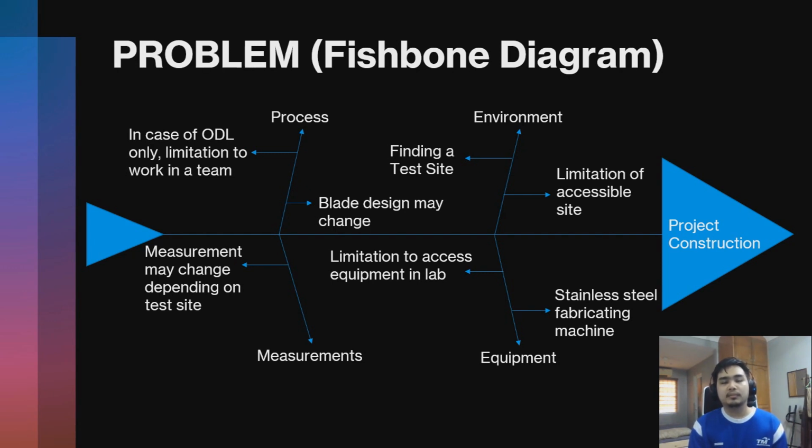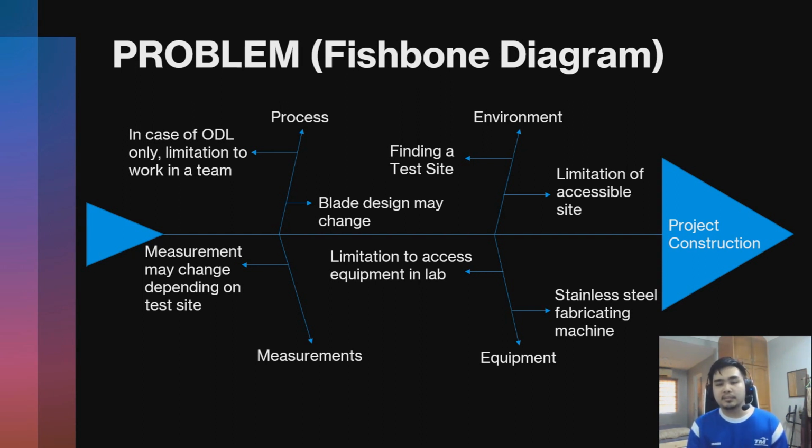And even if we get together, our project turbine may have a change of design, especially the blade. It leads to our next concern, the equipment: where would we find our stainless steel fabricator machine?